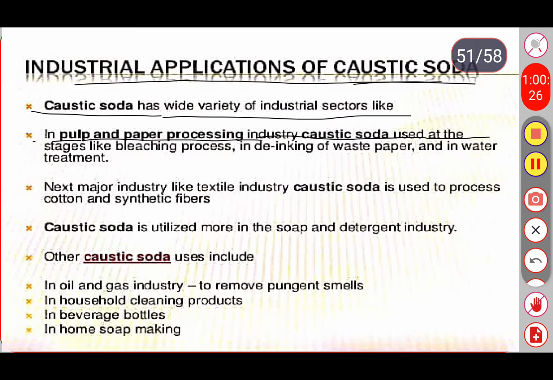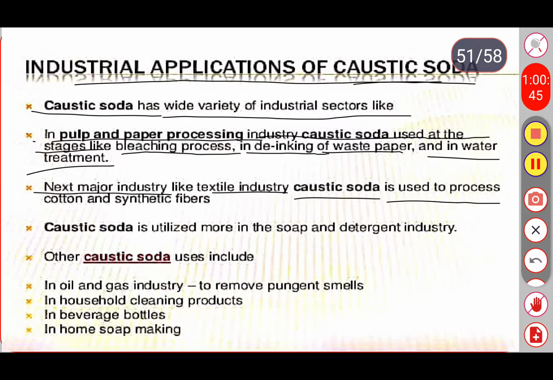The next major industry is the textile industry, where caustic soda is used to process cotton and synthetic fibers. Caustic soda is utilized more in the soap and detergent industries. Other caustic soda uses include the oil and gas industries, to remove pungent smells.